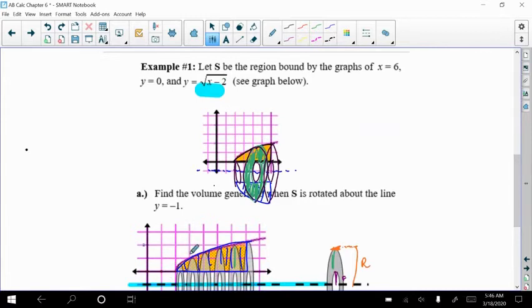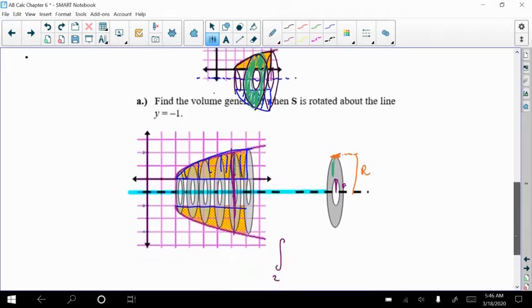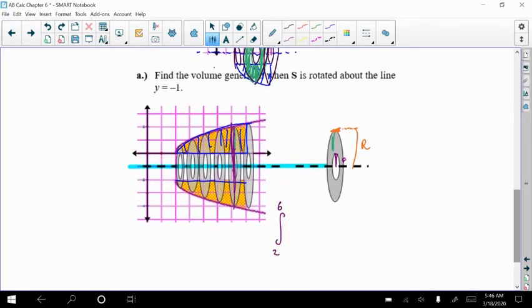So 1, 2, 3, 4, 5, 6. So my diagram's off. This one, 2, 3, 4, 5, 6, is correct. This one I have just a little bit too big. So we're going to stop it at 6, like the direction said. I don't need that extra one. So we'll go from 2 to 6. Sorry about that.